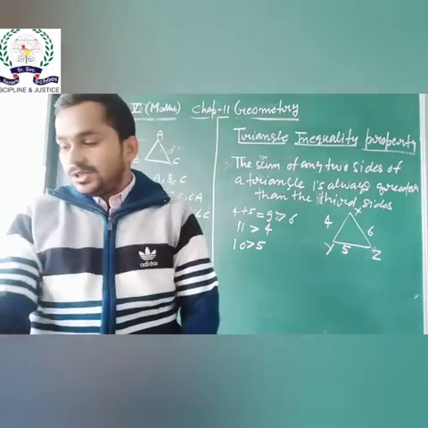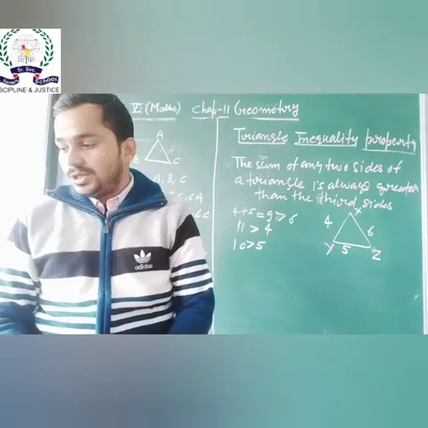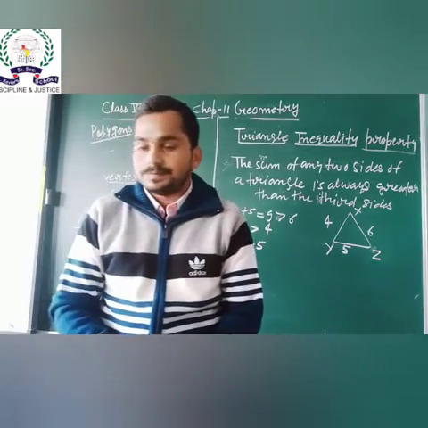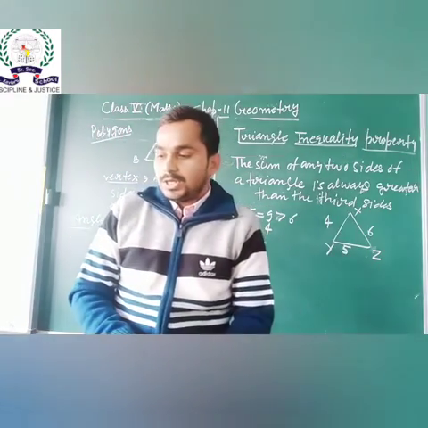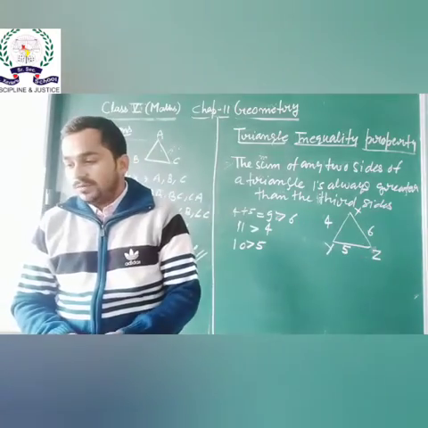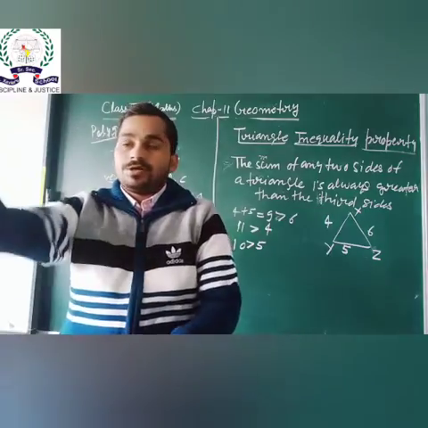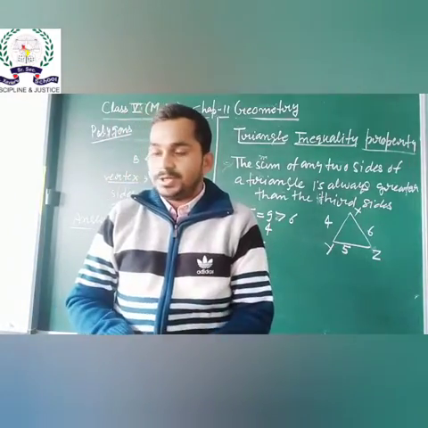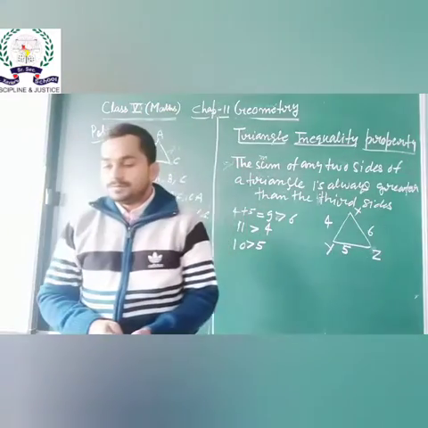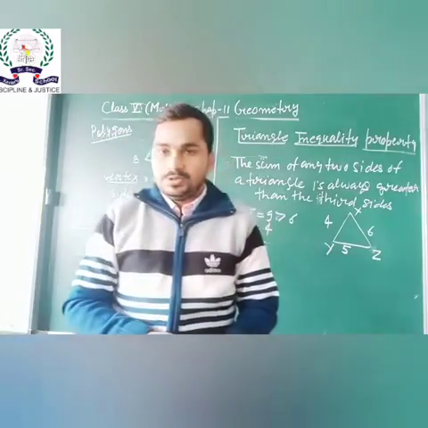Then the classification of triangles on the basis of their sides and angles. Scalene when all the sides are different. Isosceles when two sides are equal is called an isosceles triangle, and equilateral when all three sides are equal.